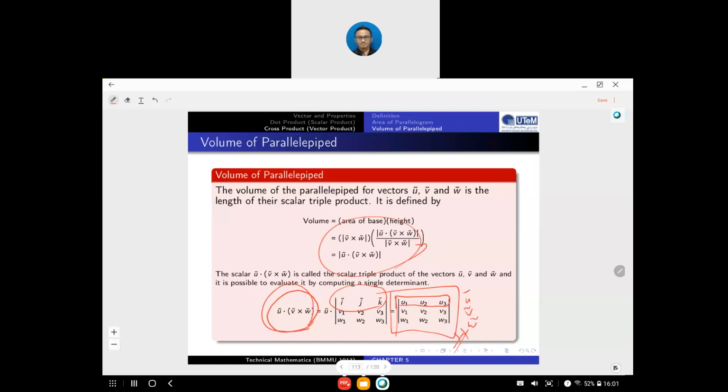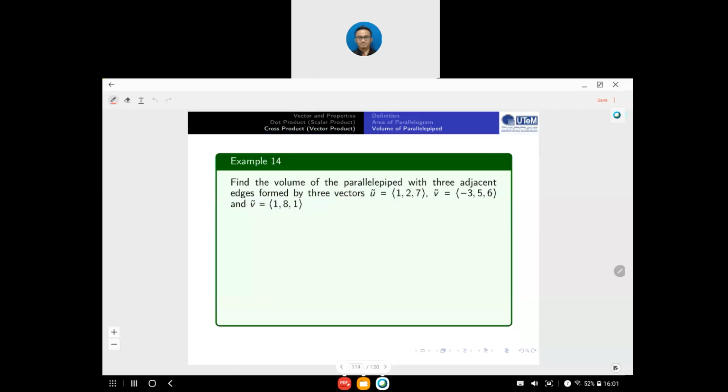Okay. Example 14. Find the volume of the parallelepiped with 3 adjacent edges formed by 3 vectors. This one is already given in terms of vectors; you can tell from the brackets, so make sure you don't get confused. We get this by the solution of U dot V cross W, which is also equal to the magnitude.